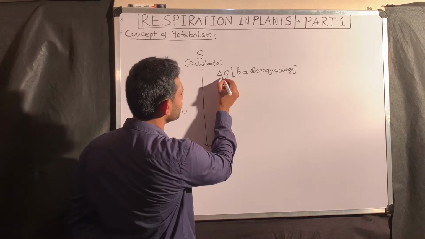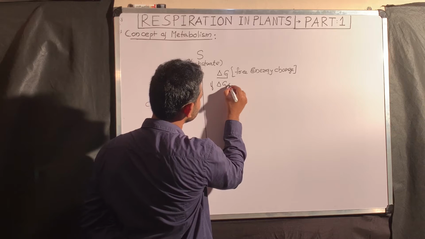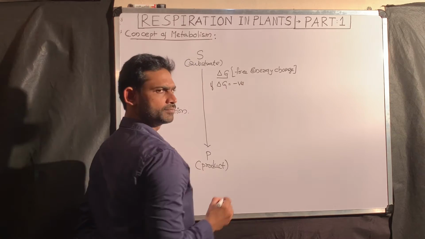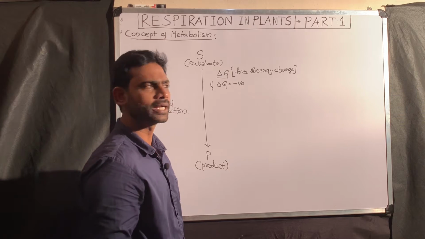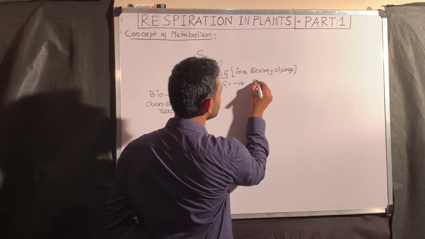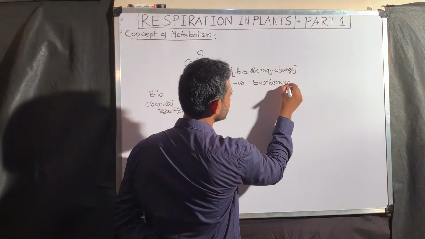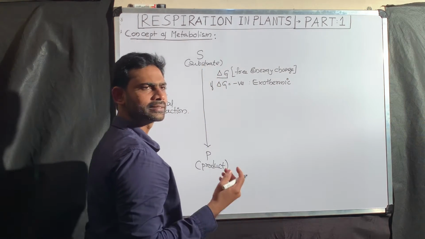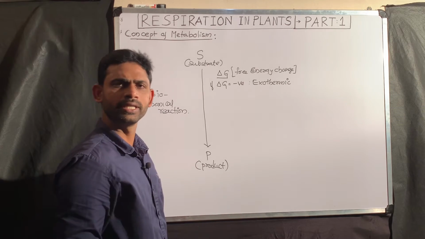For example, if delta G is negative for a reaction, what can you understand? That reaction is an exothermic reaction. What is an exothermic reaction? Excess energy is released out of the reaction in the form of heat.